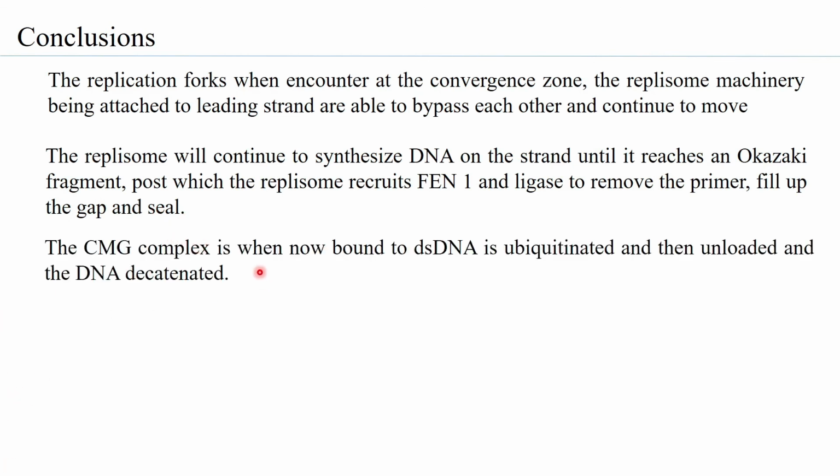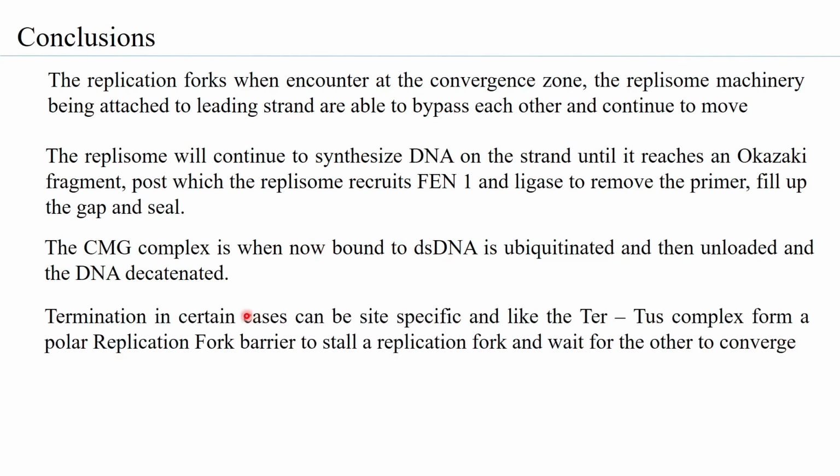The CMG complex is now bound to double-stranded DNA, and when it is bound to double-stranded DNA, it is ubiquitinated, unloaded, and then the DNA is decatenated, thereby taking care of termination.